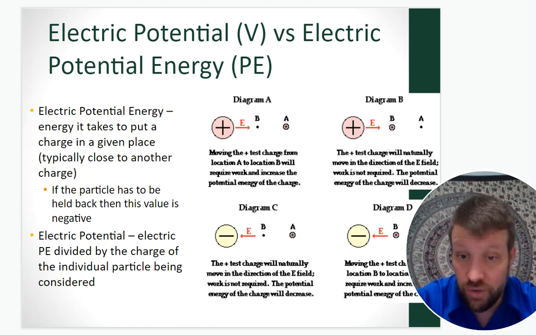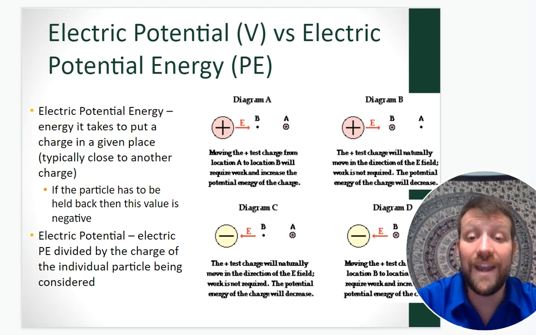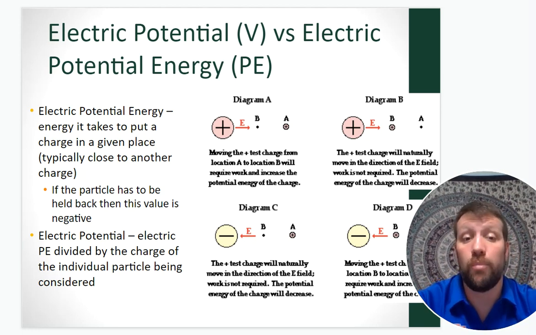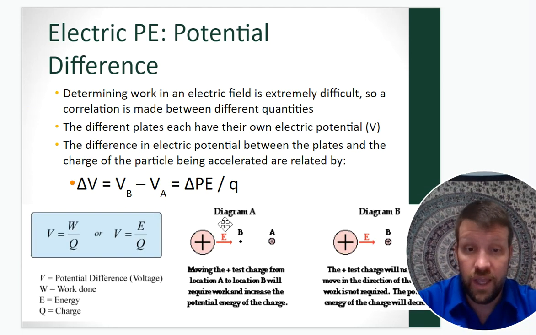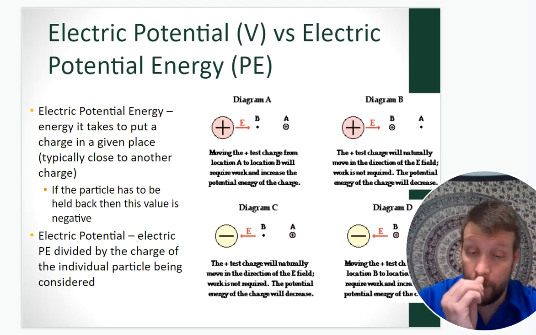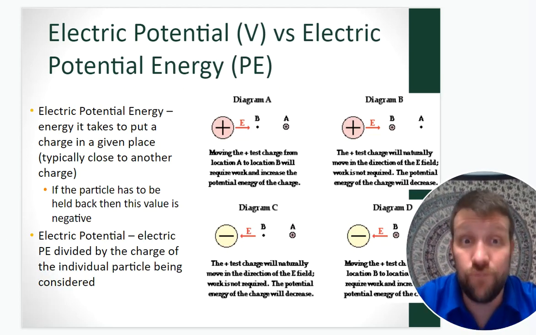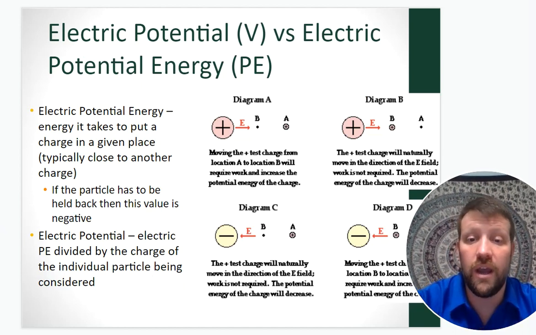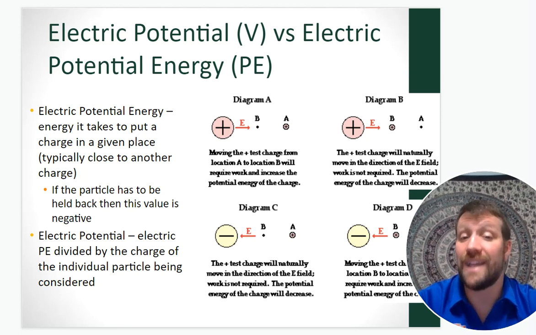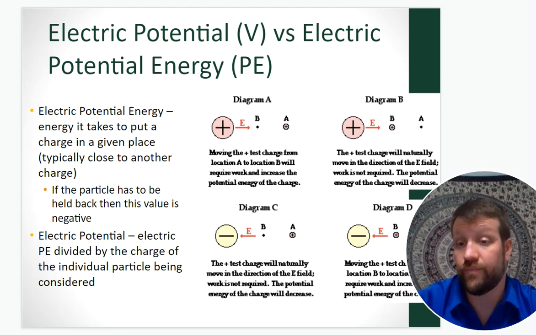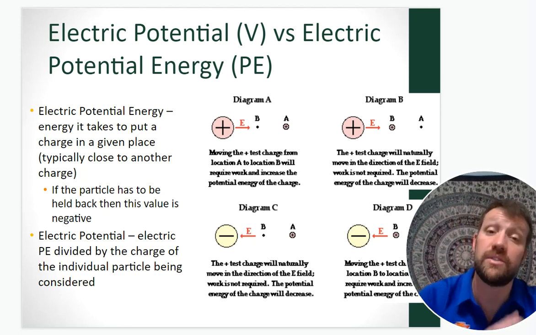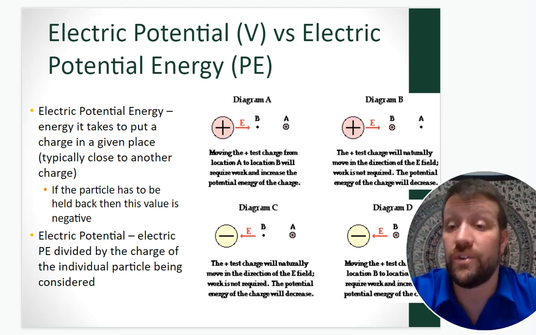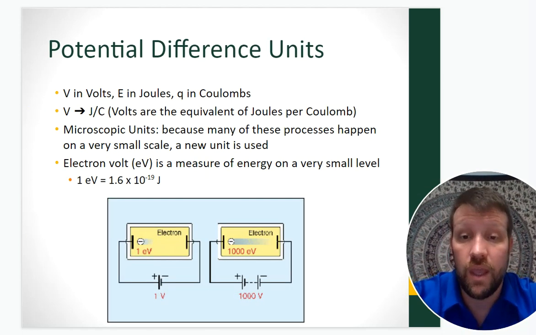Electric potential is that potential energy divided by the charge of the individual particle being considered, and that's where we get this equivalent again. So the electric potential is that voltage V, whereas electric potential energy is more like gravitational potential energy. Please try to set those in your minds the right way, because that can certainly get confusing.